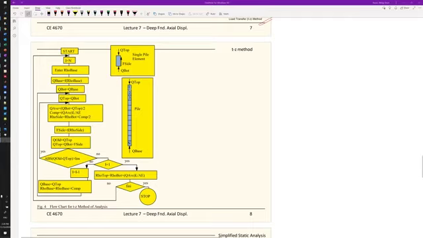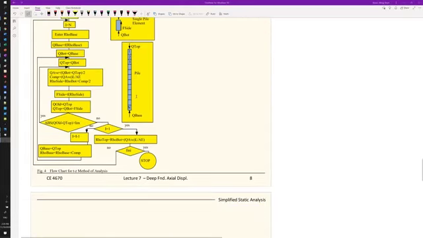The whole idea, or the big picture here, is that you divide your pile into different segments, and then you work through the pile from the bottommost to the topmost. With that, from each segment you can calculate the displacements and loading, and that gives you a good idea of how the pile behaves in terms of the load distribution and displacements along the pile.